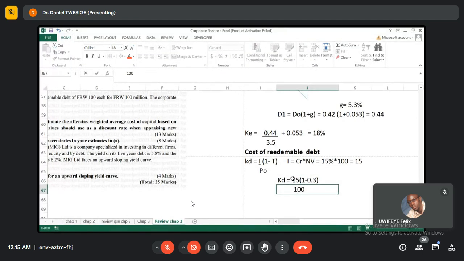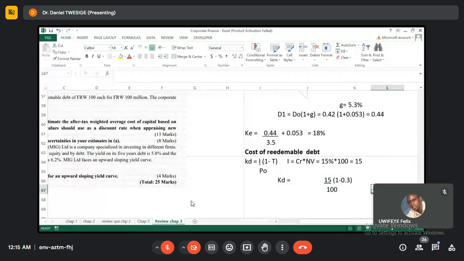Since I don't have any market value, I'm assuming the P0 is similar. That's what my assumption is. And what do you get as the cost? 10.5?